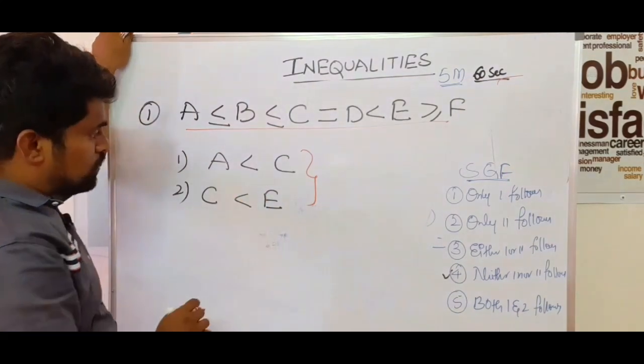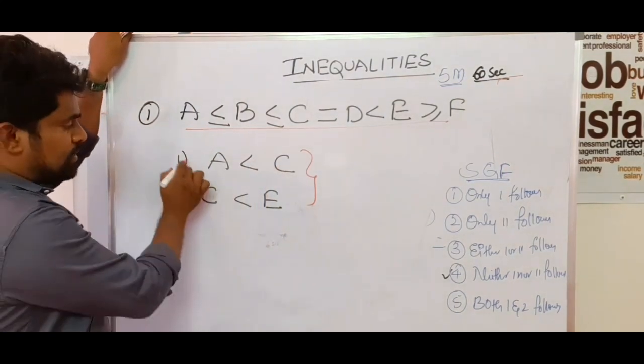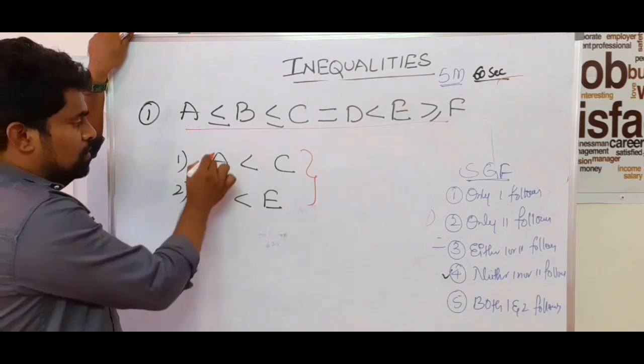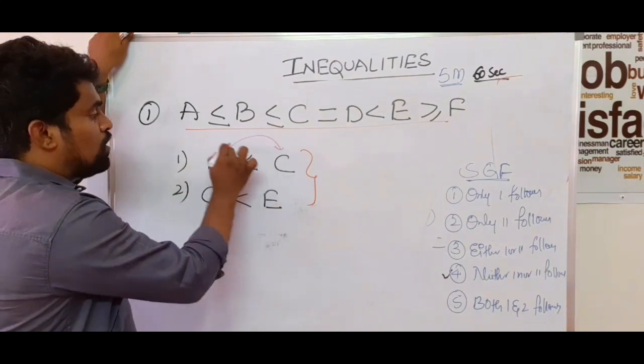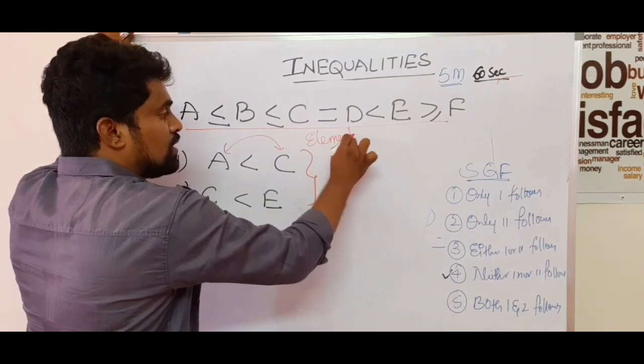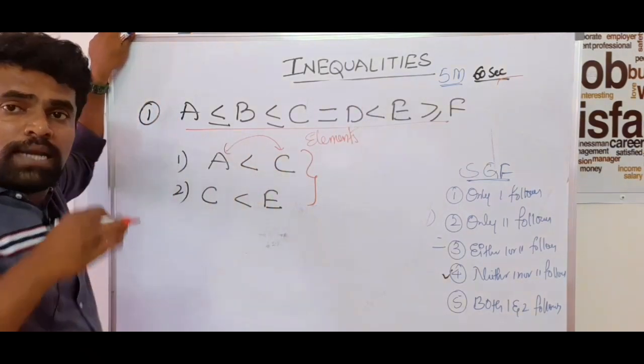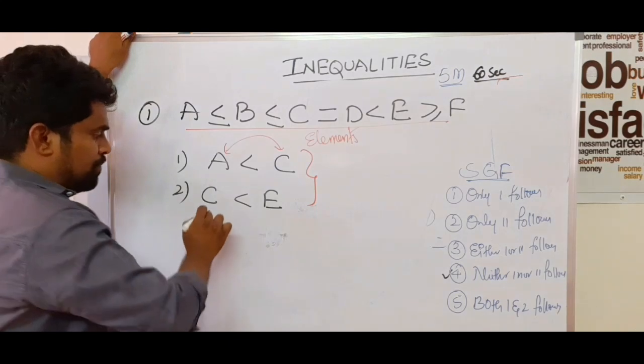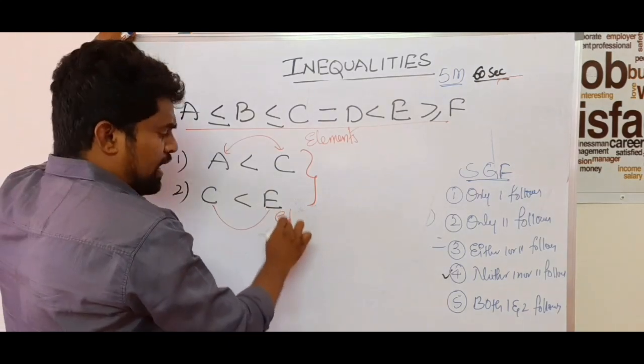And these two conclusions, just see conclusion number 1 carefully. These A and C are called elements. Similarly, C and E are called elements.